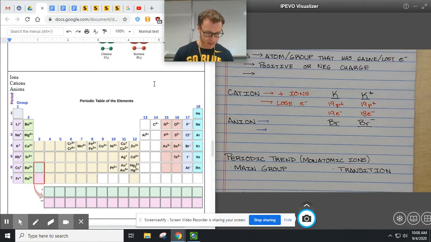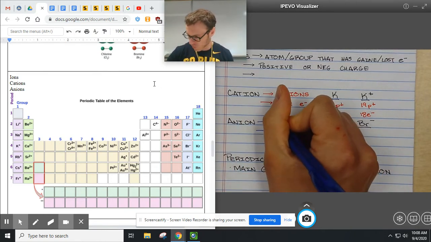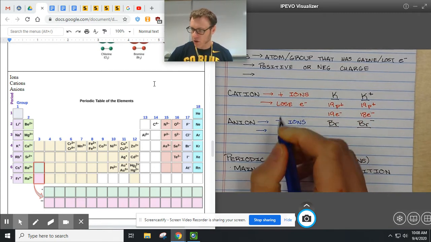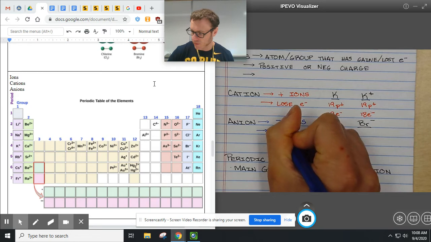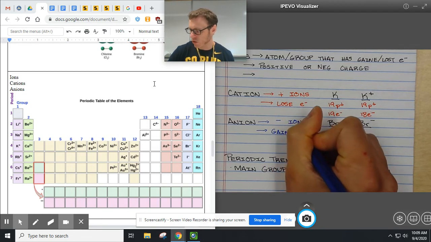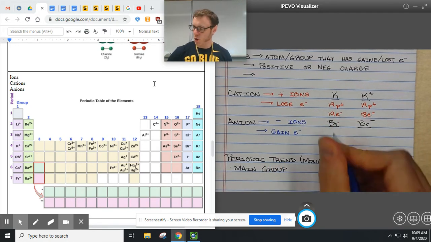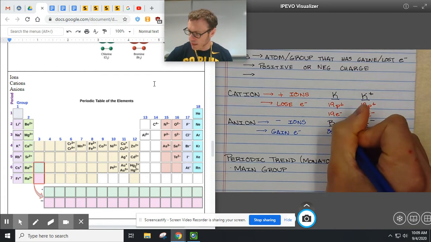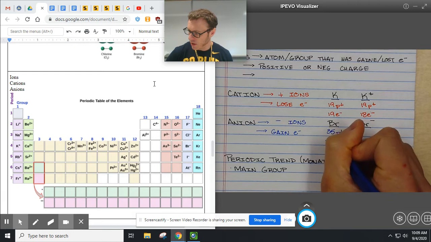Now, anions, conversely, are negative ions. So here, these gain electrons. For bromine, bromine's got 35 protons and 35 electrons.